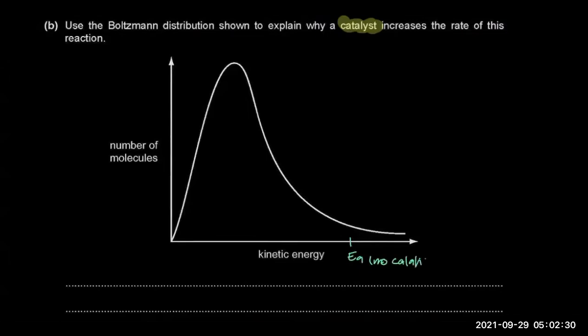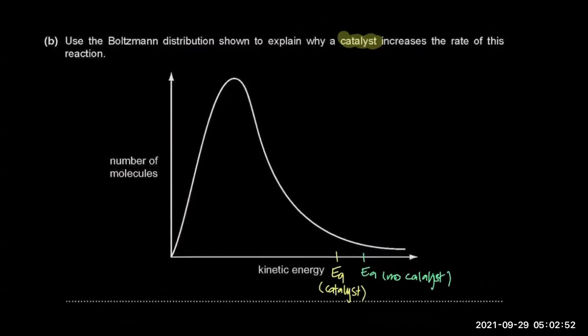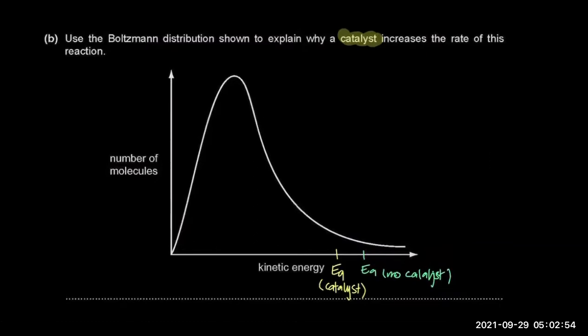And the activation energy with the catalyst will be lower, right? So this over here is the activation energy with a catalyst. That's literally all you have to do to label it, to explain why a catalyst increases the rate of reaction.